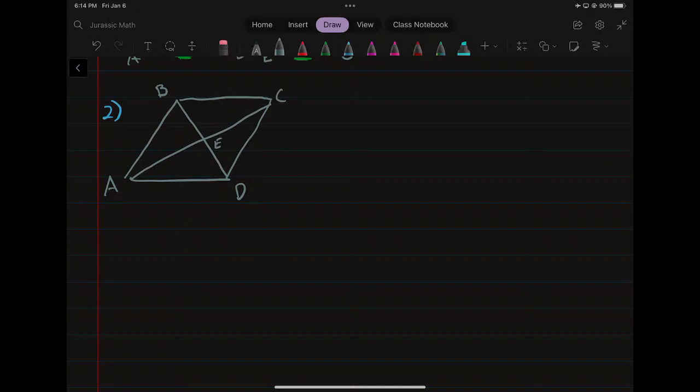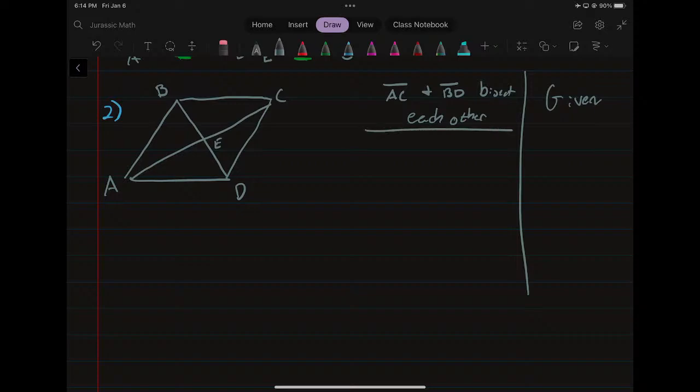So we are given line segment AC and line segment BD bisect each other. And so that's the given.